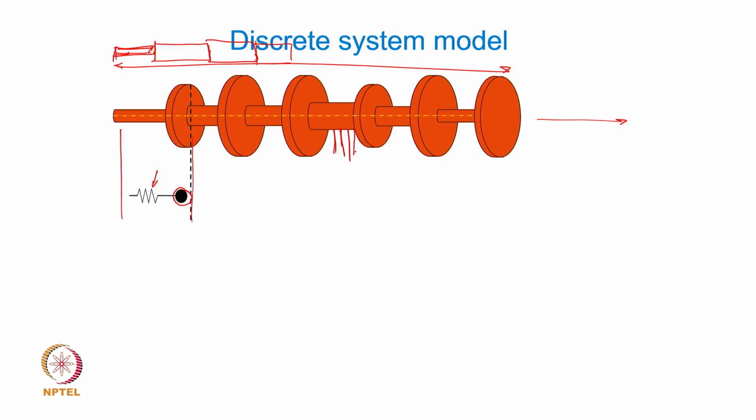Now, if you make this as small as possible, the approximation involved in lumping the mass property, which is actually distributed throughout the length, to one end of the segment, that effect will get reduced if you segmentalize this into several segments.